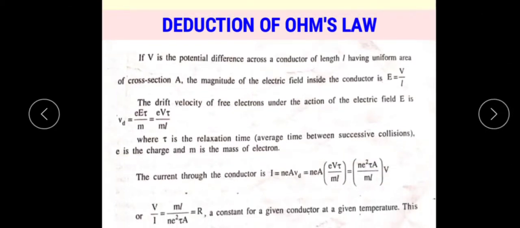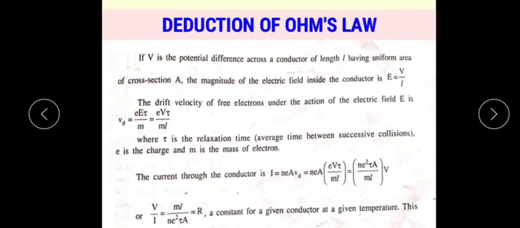After some adjustments, V keep as it is, I transfer to the RHS, then it becomes V divided by I, and this term is sent to the LHS, then it becomes mL in the numerator, n e square tau A in the denominator.